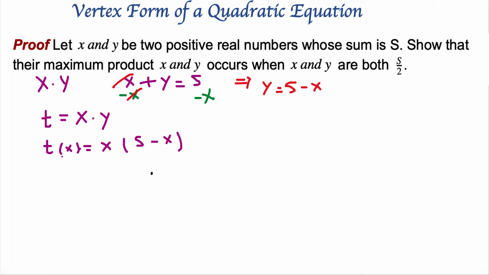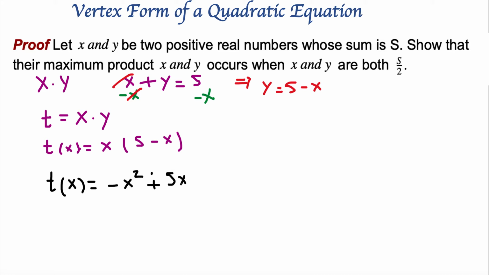But now we have to distribute x, so let me distribute and write the function t of x in a standard form, from the highest degree to the lowest degree. This is going to be x times minus x is minus x squared, and s times x is plus s x.